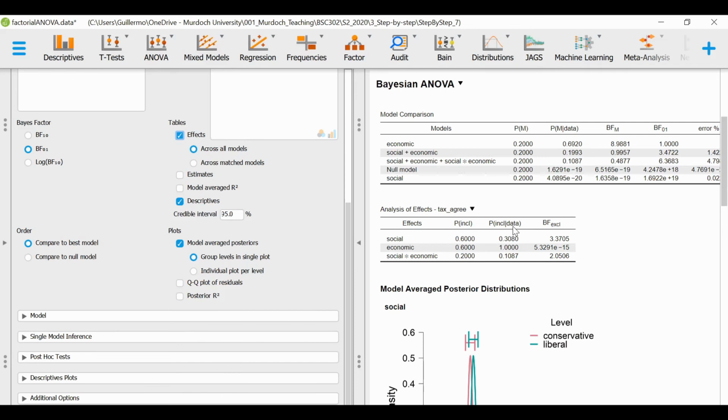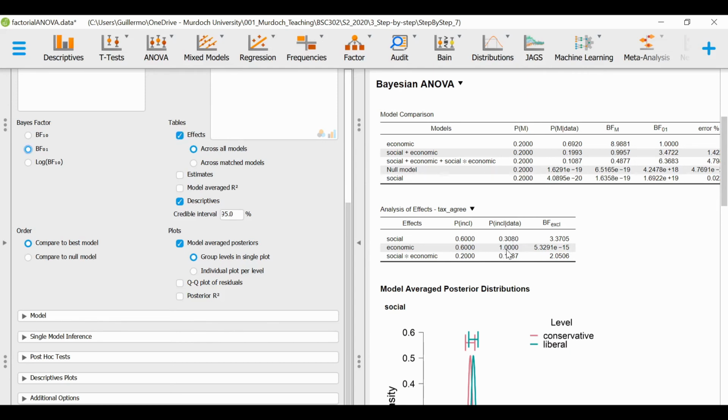After observing the data, the posterior probability for including the variable in the model is 0.308 for social, 1 for economic, and 0.1087 for the social and economic interaction.